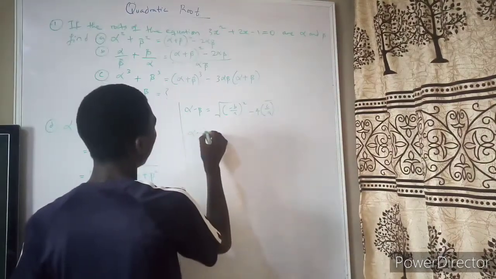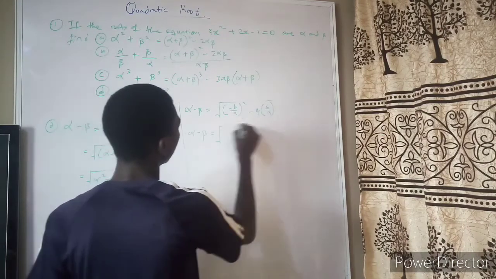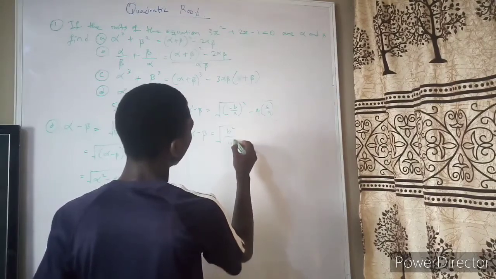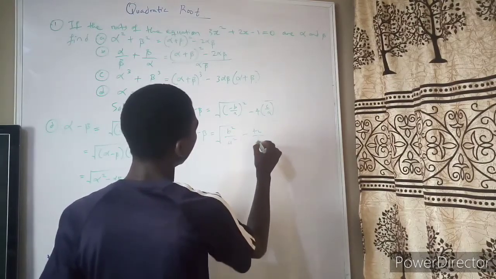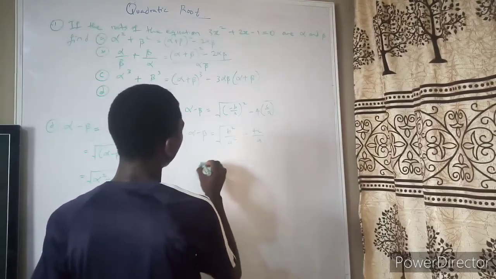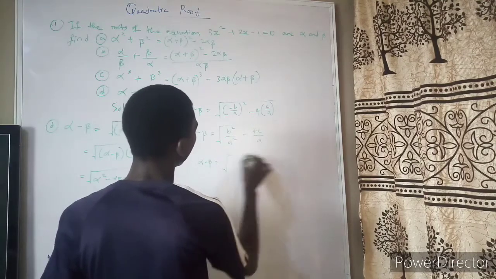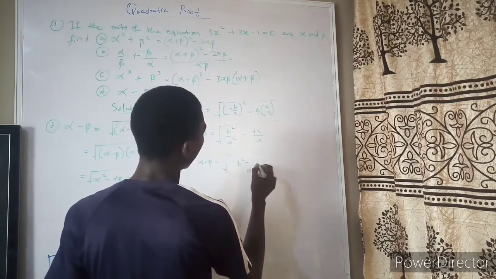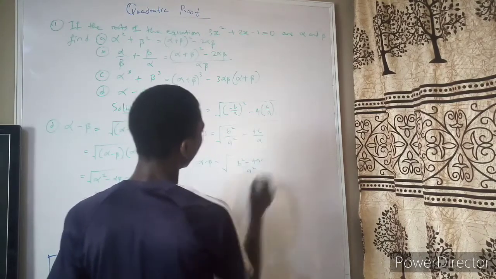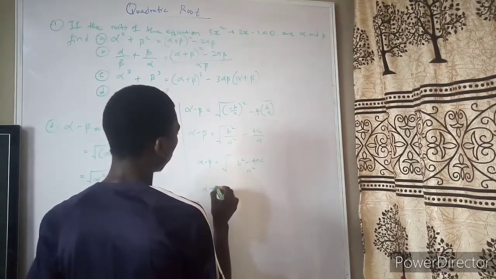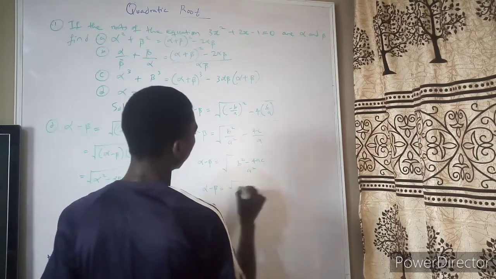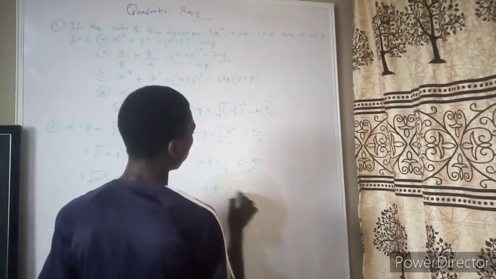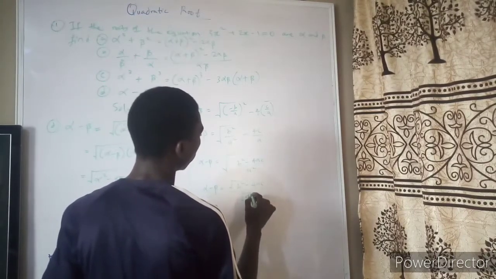So my alpha minus beta is equal to the square root of b squared over a squared minus 4c over a, right? The LCM here is a squared, so I have b squared left here minus 4ac. Applying the surd law by splitting the root: square root of b squared minus 4ac, all over the square root of a squared.